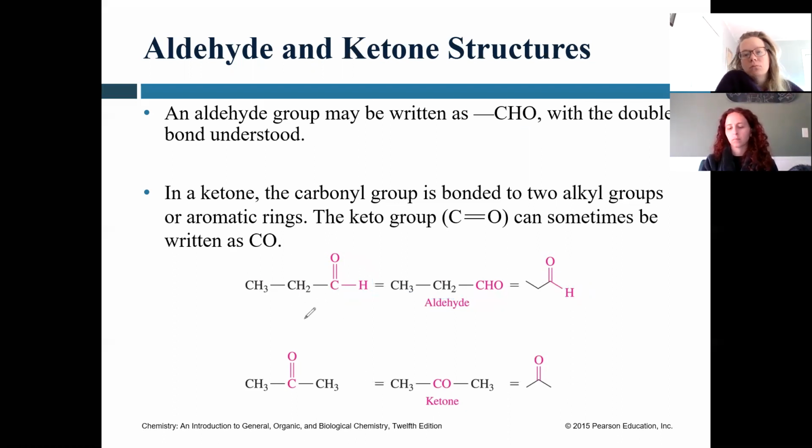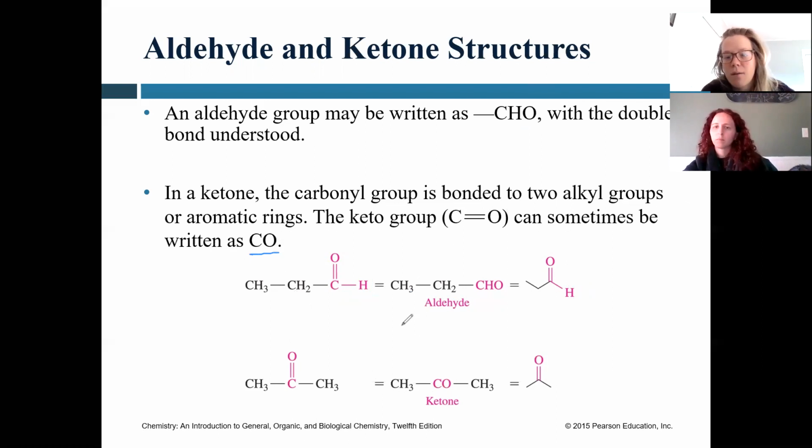A ketone, you may see written as C double bonded to an O, or sometimes it's just written as CO. This is not carbon monoxide. This is for organics. They don't always write the double bond. It's just assumed that the carbon is double bonded to the oxygen. Why?